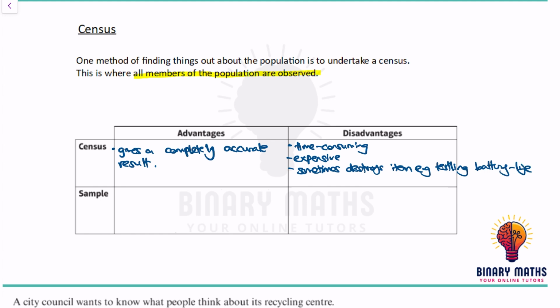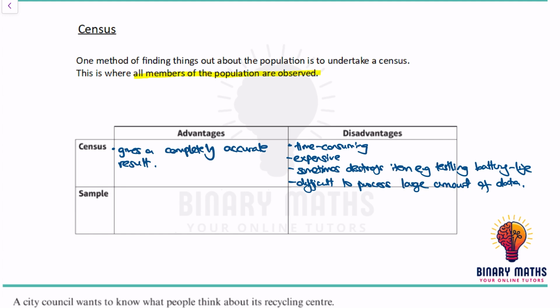And it's also difficult to process a large amount of data, because if the population is really big, then there'll be a lot of processing to be done.